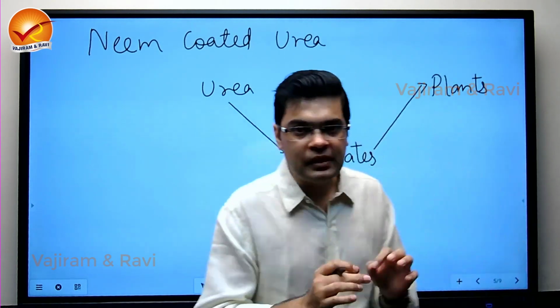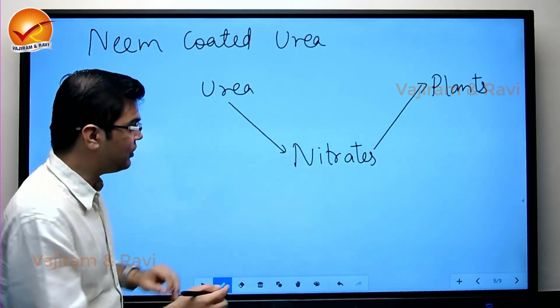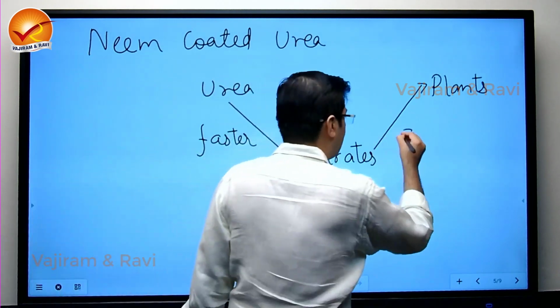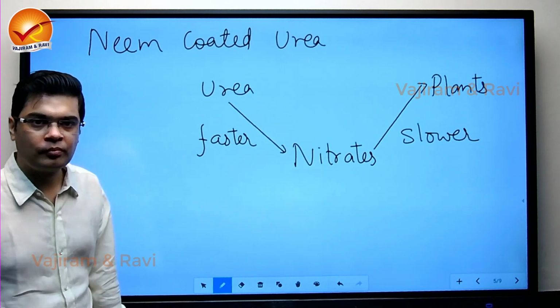Then the problem is that the rate at which urea gets converted to nitrates is much faster than the rate at which nitrates are taken up by the plants.